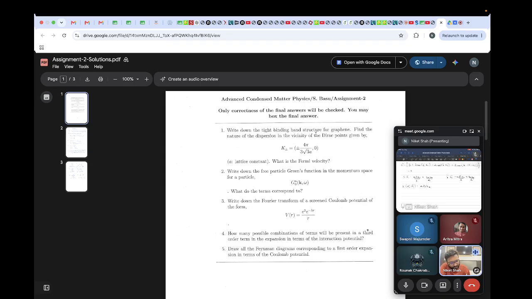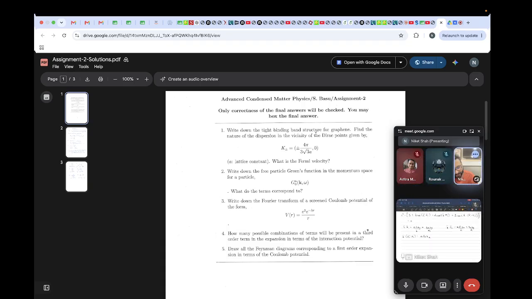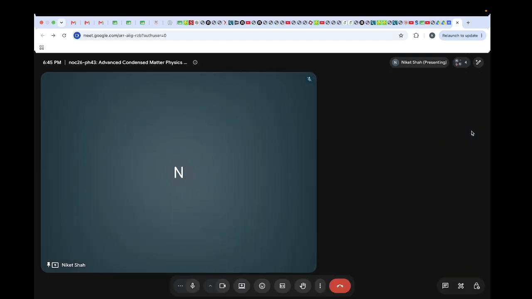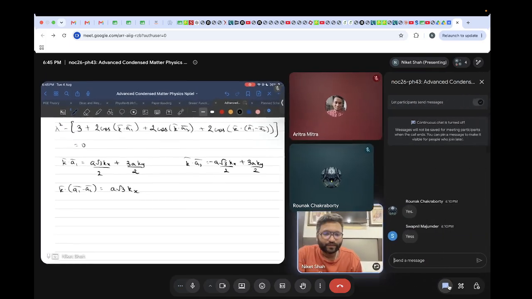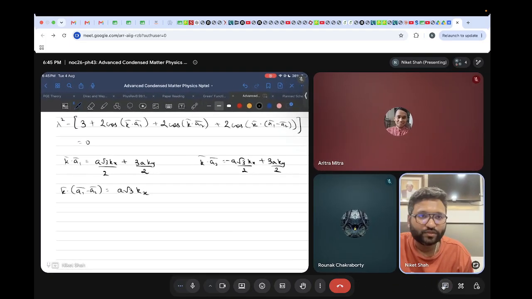The ky term will get cancelled off and I will end up having only the kx term, which will be double the kx term. a1 minus a2 is a root 3 kx. I hope there are no doubts.